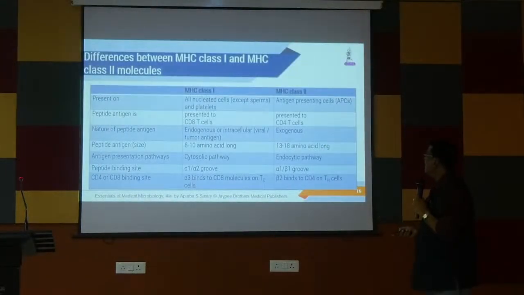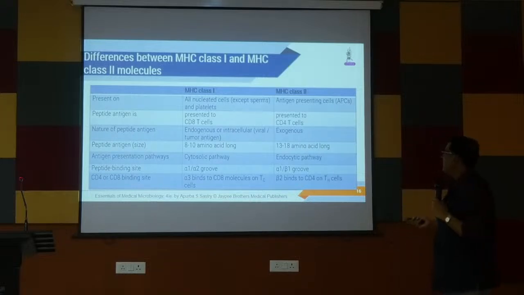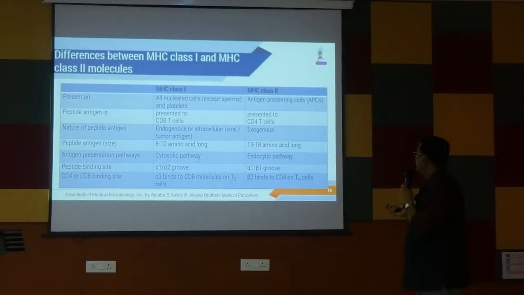This is the difference between class 1 MHC and class 2 MHC for theory question purposes. Class 1 is present on all nucleated cells except sperm, and MHC2 on antigen presenting cells only. The peptide antigen is recognized by CD8 and CD4, endogenous and exogenous. The processed peptide antigen is 8 to 10 amino acids long for class 1 and 13 to 18 for class 2. The MHC class 1 pathway is known as the cytosolic pathway, and MHC2 is the endocytic pathway.